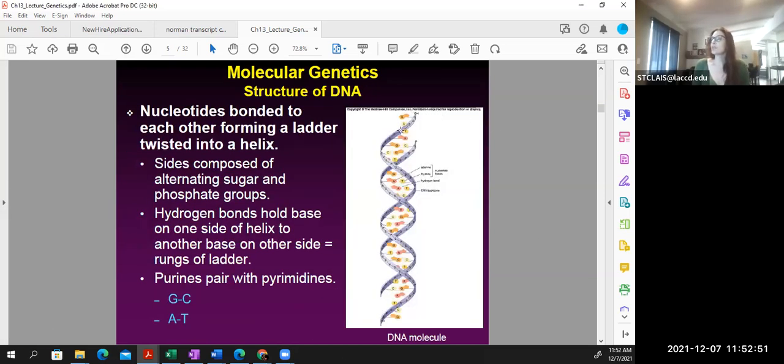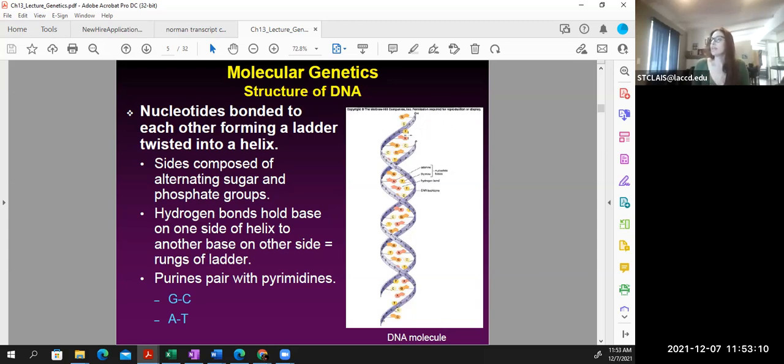Okay, so we have the nucleotides that come together, and they're actually hydrogen bonded together. So you can see that here we have the purine bound with the pyrimidine, and then you see the dotted lines between them, and that is showing the hydrogen bond.